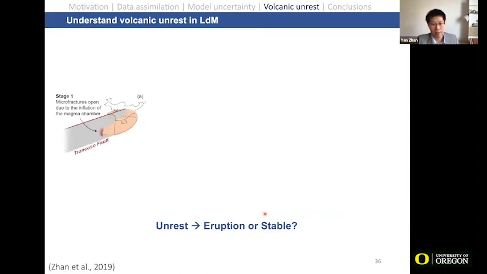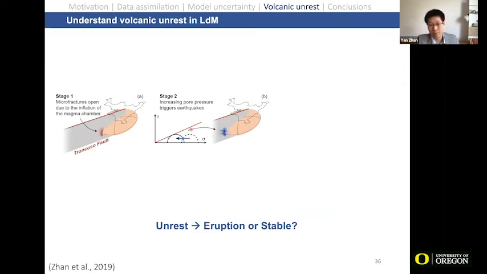The last question I want to answer is whether or not the unrest will lead to eruption. So we can see here in Lagrange-Damali, the inflating magma reservoir makes some part of the fault have a volume increase, which increases connectivity, allows fluid to go into it, and moves the Mohr circle to trigger the earthquake.